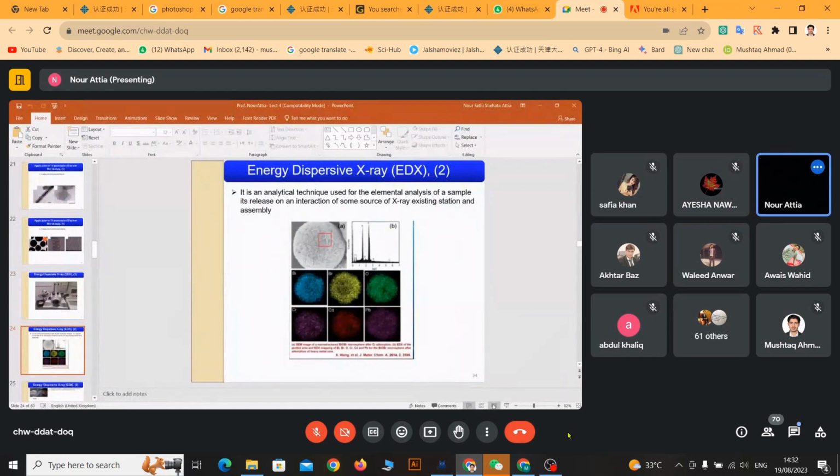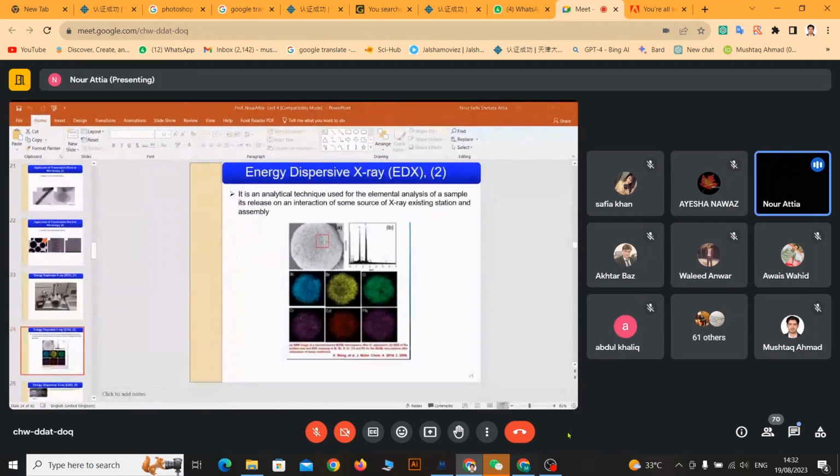After you measure with SEM or TEM, you need to know the composition of the materials, right? So this unit is an analytical technique used for elemental analysis of the samples. It uses the interaction of an X-ray source with the samples and gives all the elements except hydrogen: carbon, oxygen, nitrogen, whatever you have.